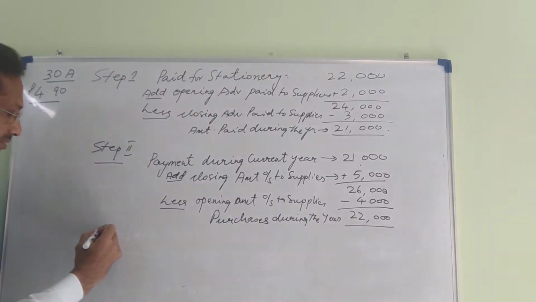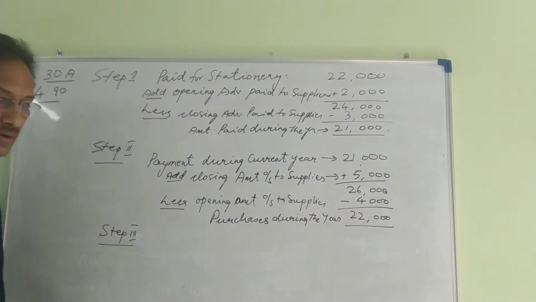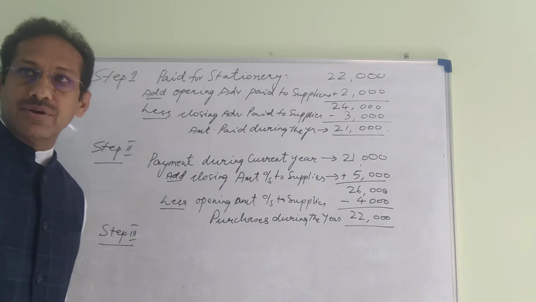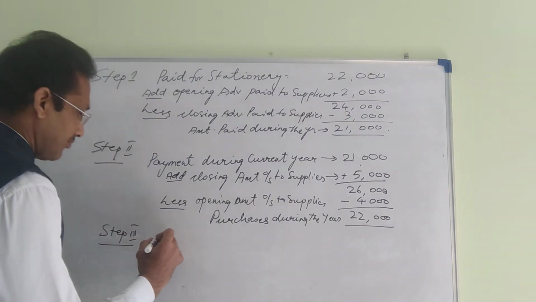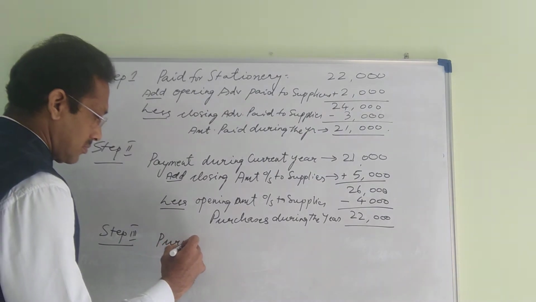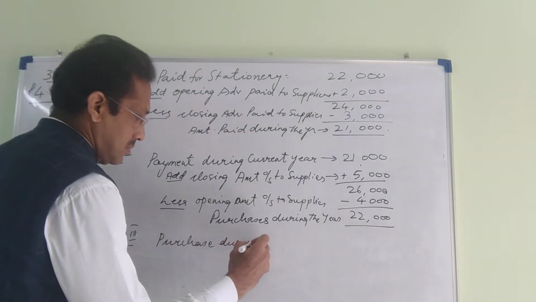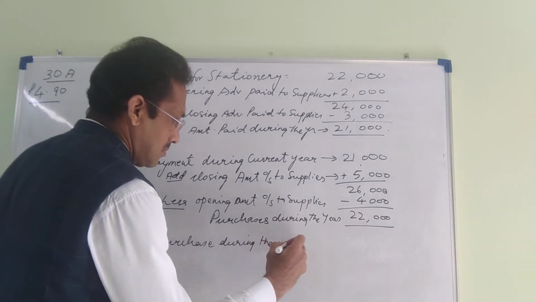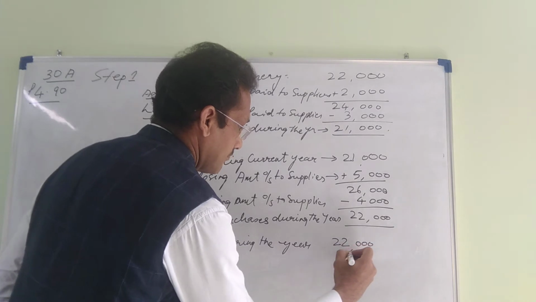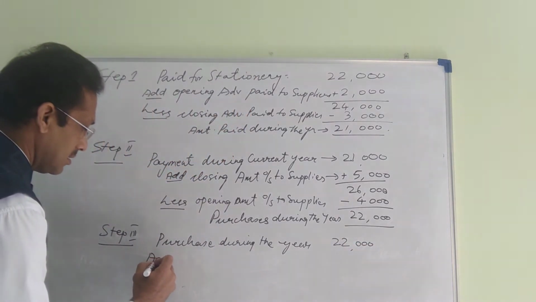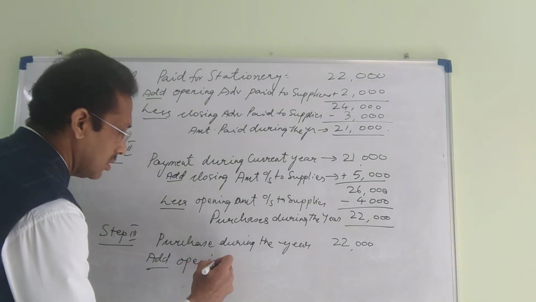Now coming to step 3. We will start with purchases during the year and adjust the opening stock and the closing stock. 22,000 plus opening stock.